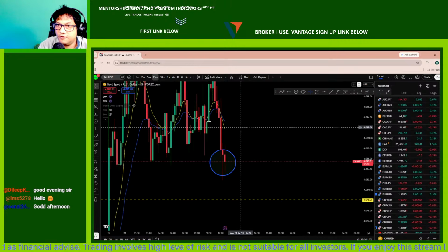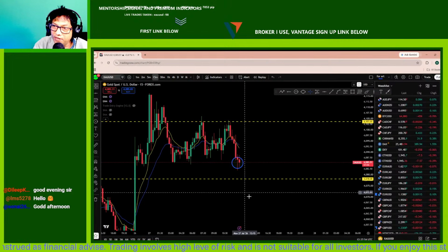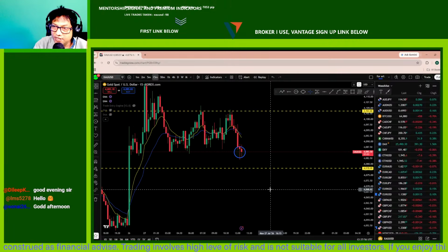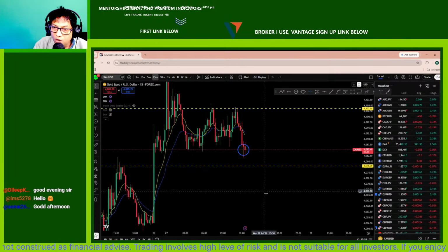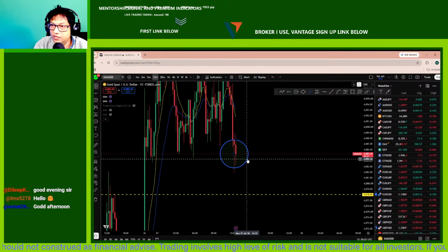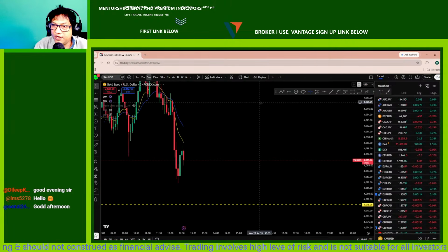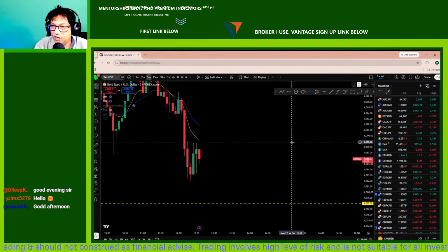The fair value gap is below, and there is a complete breakup structure that can bring the price further low to fill that fair value gap. This is what we are looking at in this market, to see how the price action is going in this area.